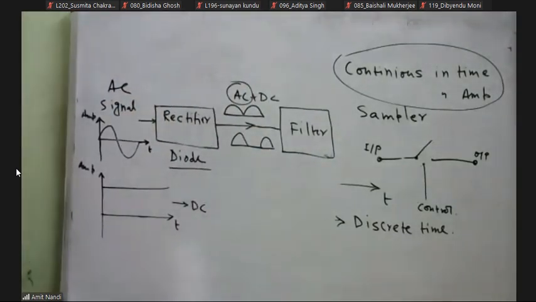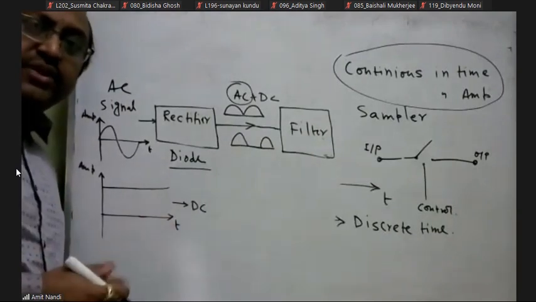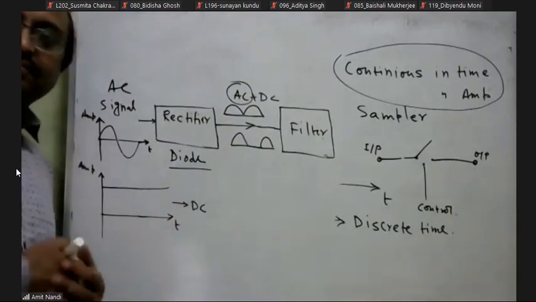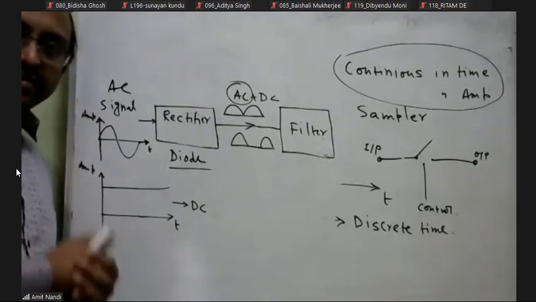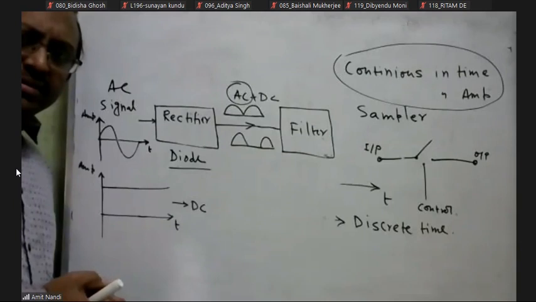So a filter is required. I don't know which components are required to build up the filter circuit. The capacitors. Resistors and capacitors. It depends on which component is used.